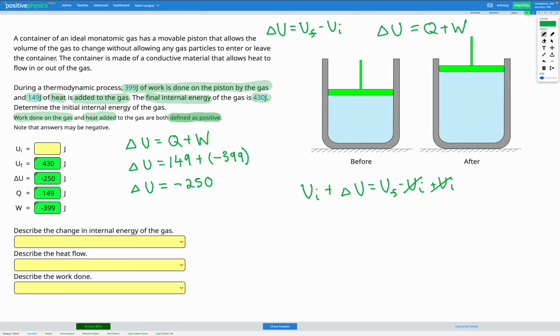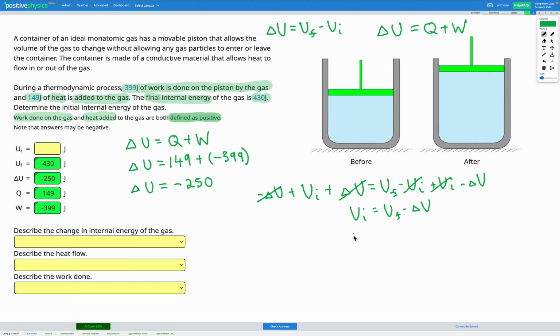And I'm left with a positive UI on the left. Then I'm going to subtract delta U from both sides of my equation so that that will cancel out on the left side of my equation. And I'm just left with UI is equal to UF minus delta U.